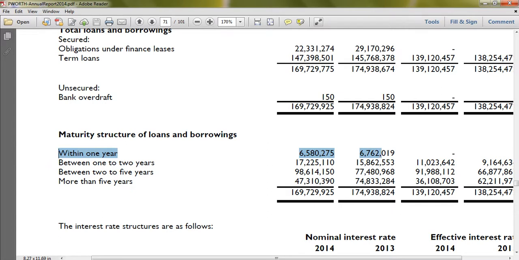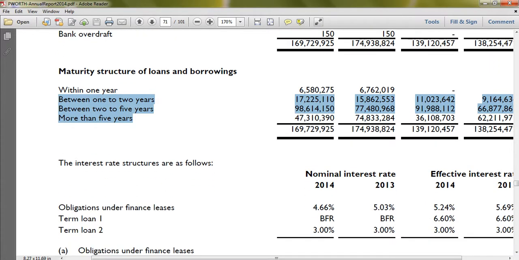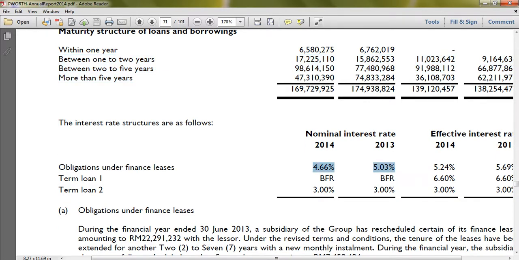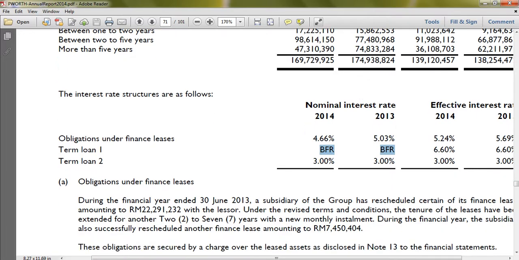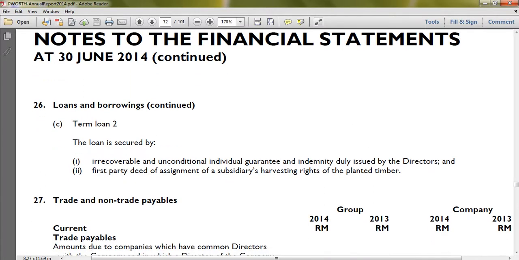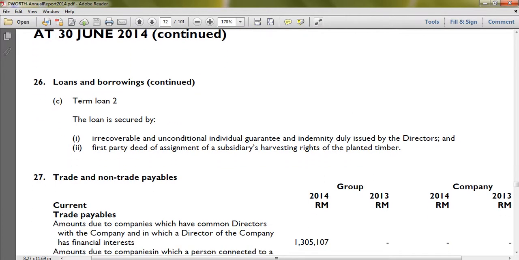Within the year, this is the current debt. This is considered the long-term debt, more than 1 year. Interest rate structures, wow, quite high, man. Term loan, BFR, wow. So they do explain a lot over here.